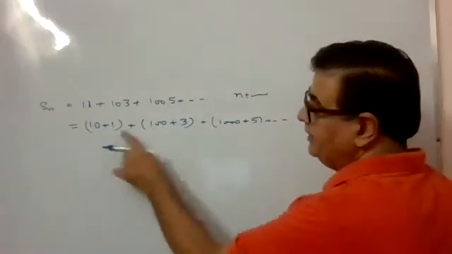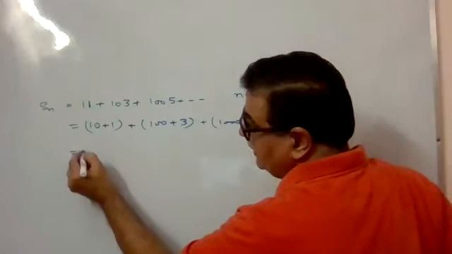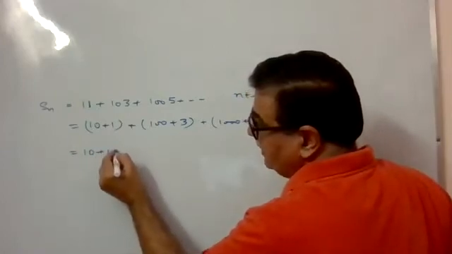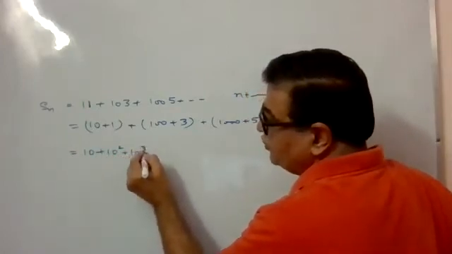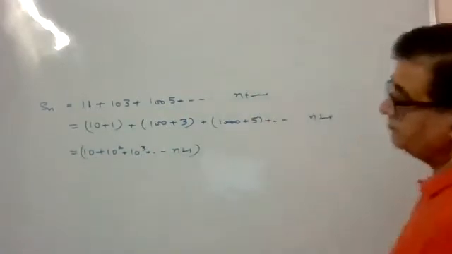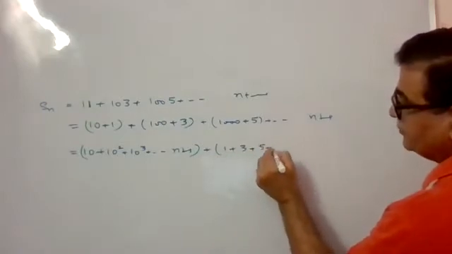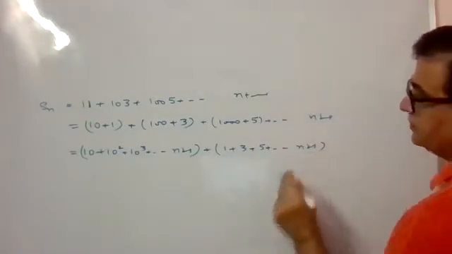And then 10, 10 square, 10 cube will be a GP here. So I write that as 10 plus 10 square plus 10 cube till n terms. Then plus, what is left is 1 plus 3 plus 5 till n terms.